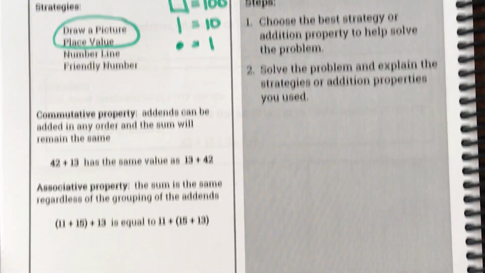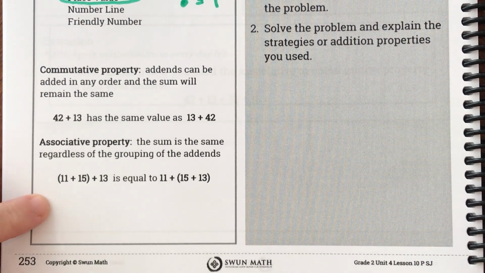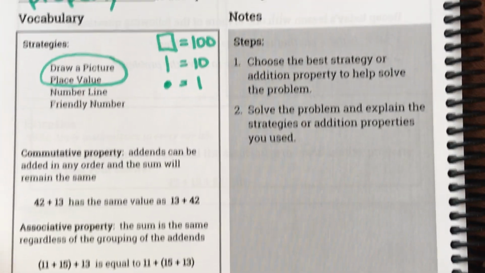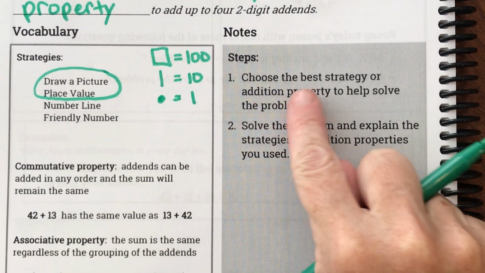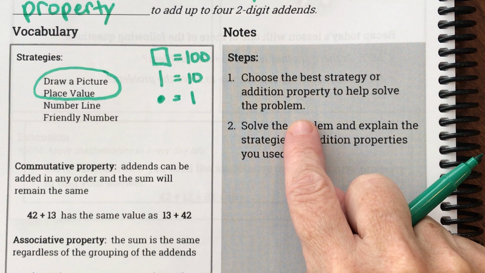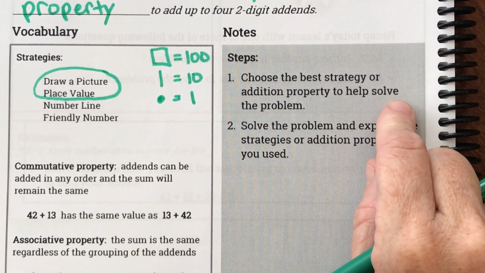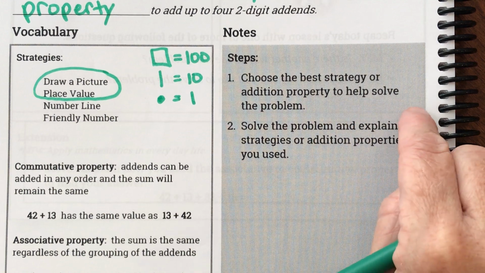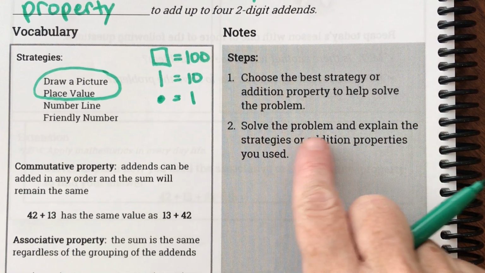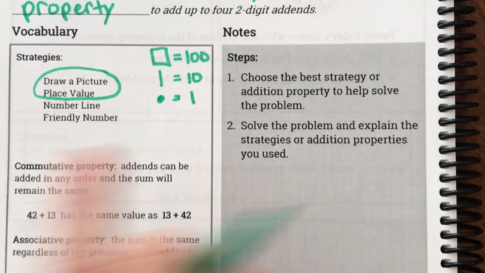Okay, it also says that we can use the properties that we just used in our last lesson to help us. Okay, so I'm going to look at our steps. Our steps say, choose the best strategy or addition property to help solve the problem. So sometimes the best strategy is the best strategy for the numbers, and sometimes it's the best strategy for you. And then we're going to solve the problem and explain the strategies or addition properties you used.